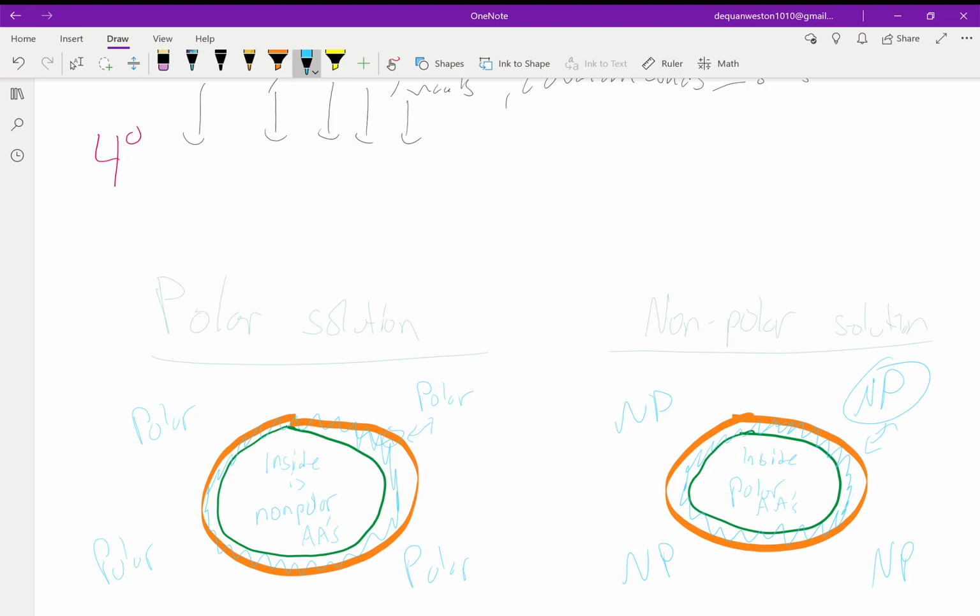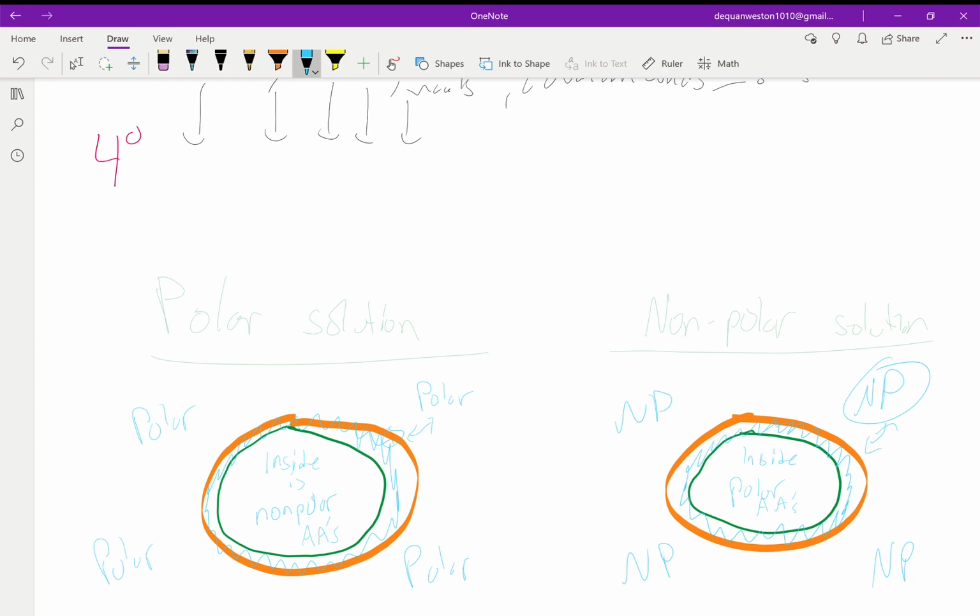So next, for number 5, it says predict how changing amino acids impacts protein structure or function. Think of a protein that really needs its negatively charged acidic amino acid residues in order to perform some function that's very important to life.